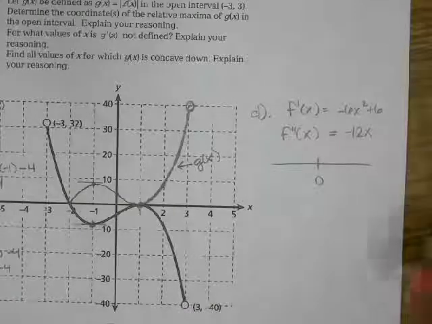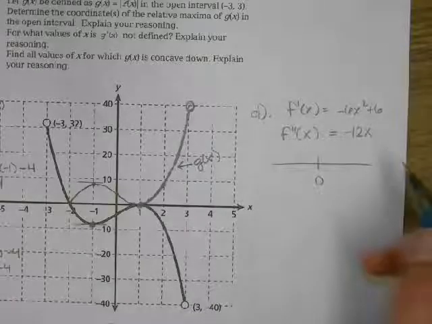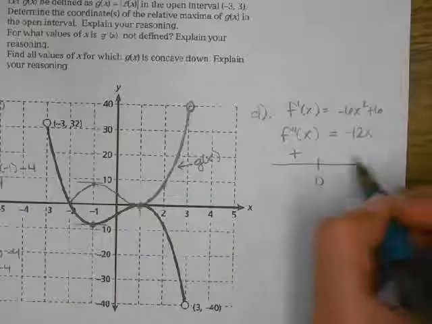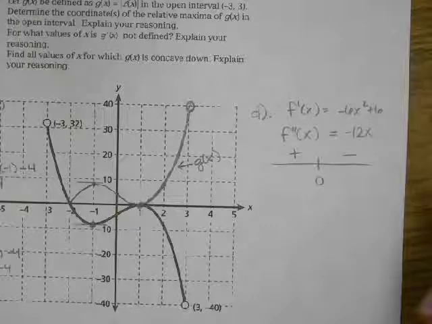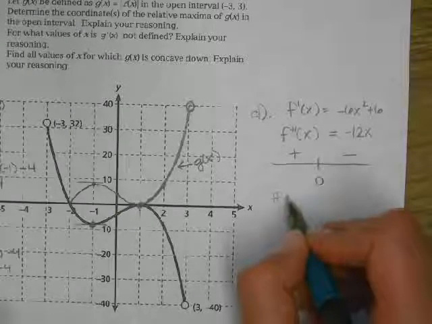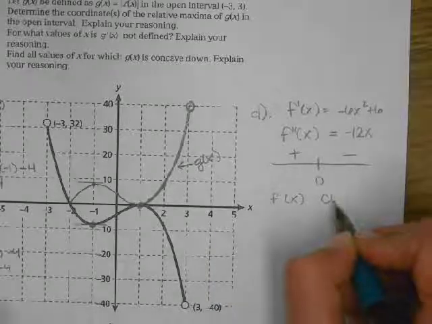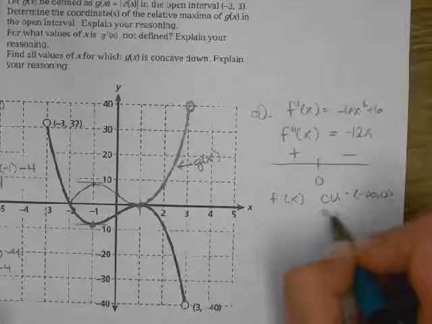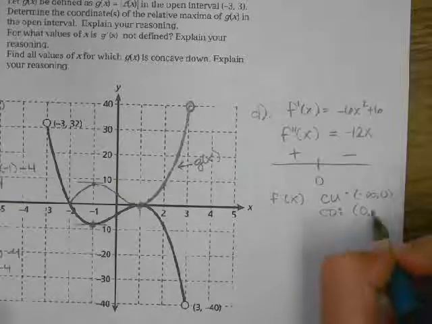And then when I plugged values in, if you plug a negative number in here, that's positive. If you plug a positive number in there, that's negative. So the original function f of x was concave up from -infinity to 0, and it was concave down from 0 to infinity.